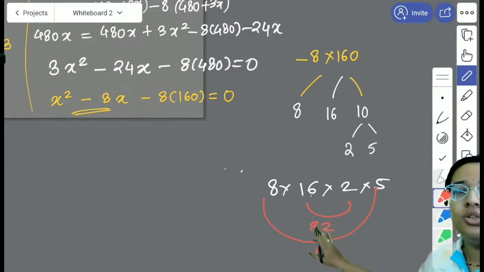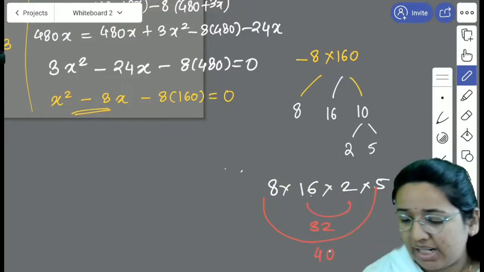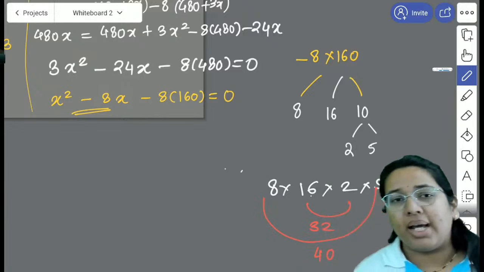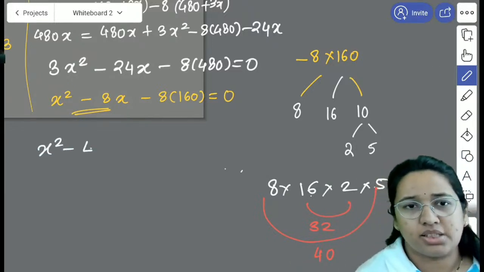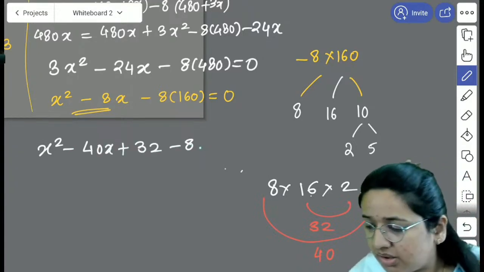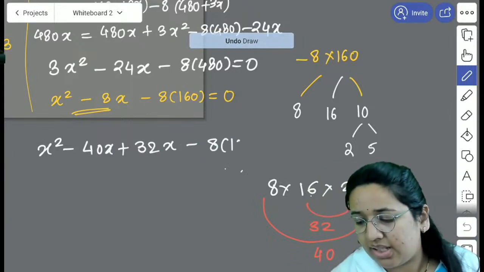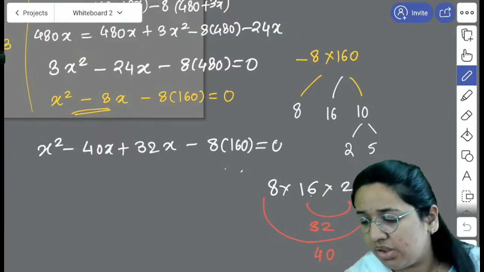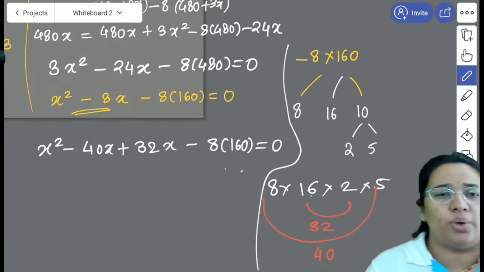It means that you just have to split the middle term, that minus 8, as minus 40 plus 32. x square minus 40x plus 32x minus 8 times 160 is equal to 0. That's it. Now just solve it. You will get the right answer.